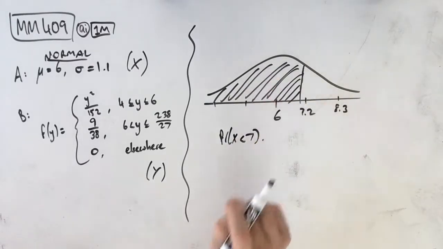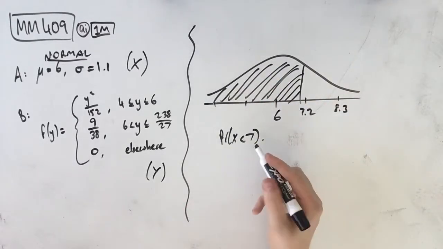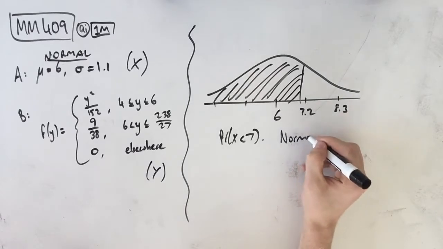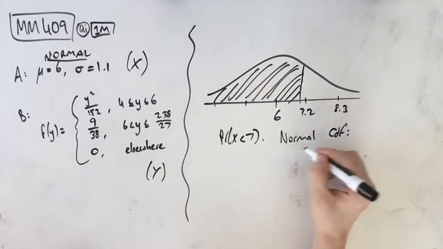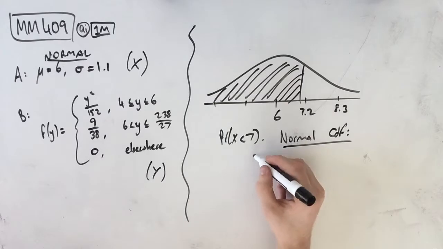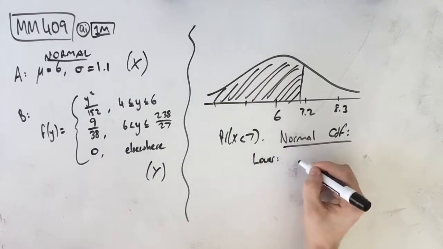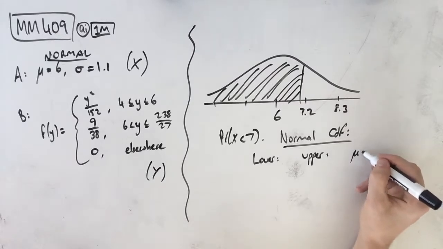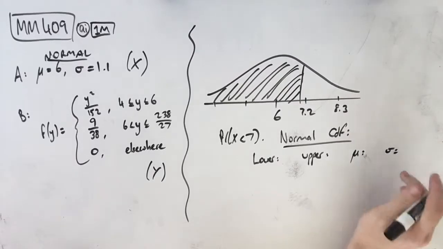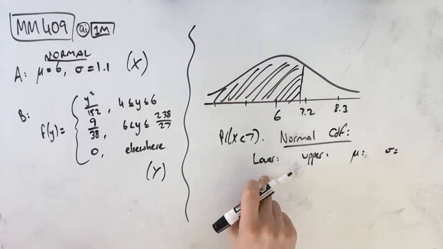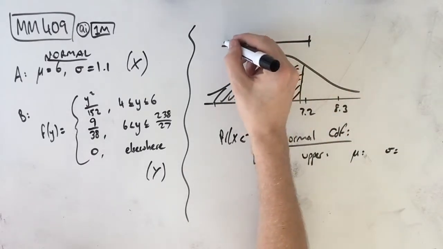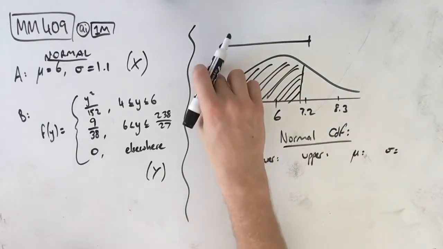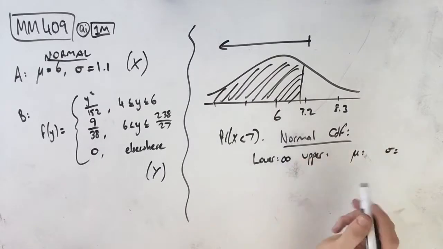Now, in order to find this probability, we use our normal CDF calculator in our CAS. Normal CDF asks you for 4 things: lower, upper, mean, and standard deviation. Now, we don't actually have a lower because we're looking for everything below 7, which means that our lower is negative infinity.